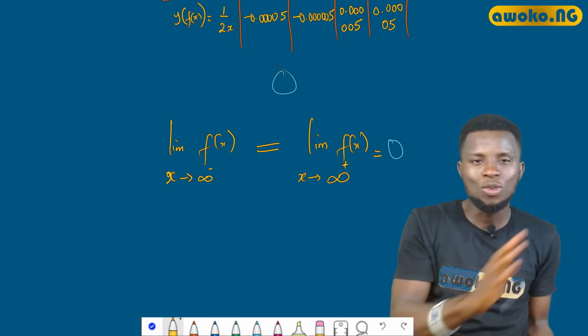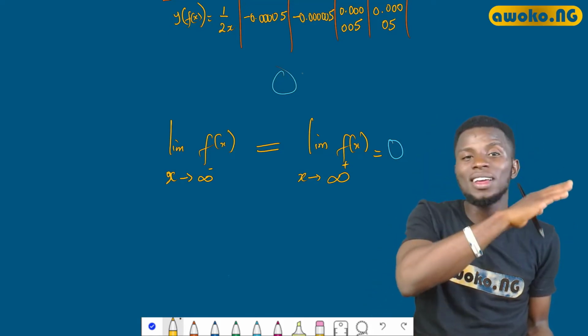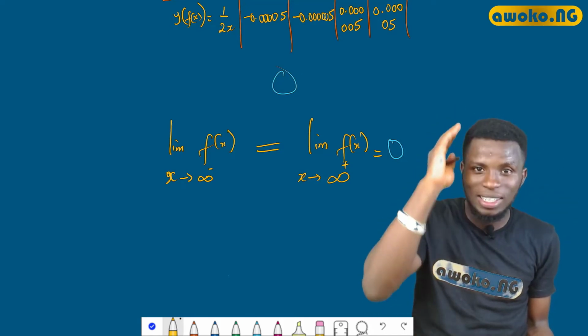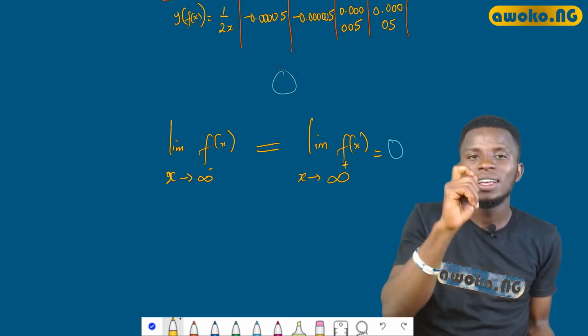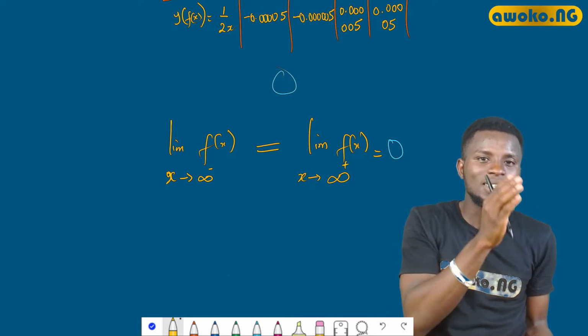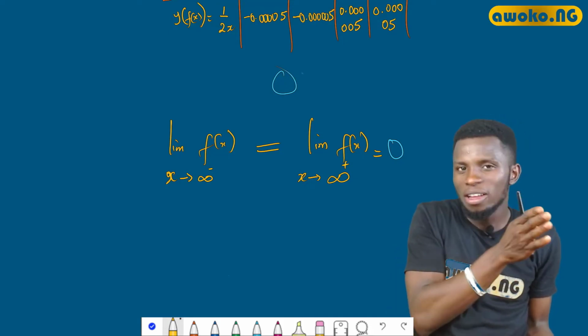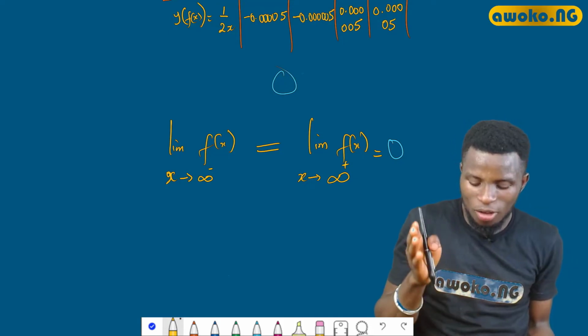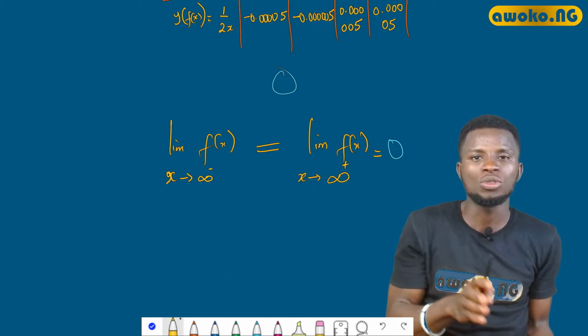So wherever you go, it stands sure that the limit of any function whatsoever as it tends to infinity, either from the left or from the right, is equal to 0.